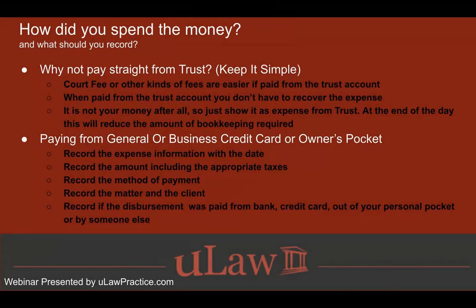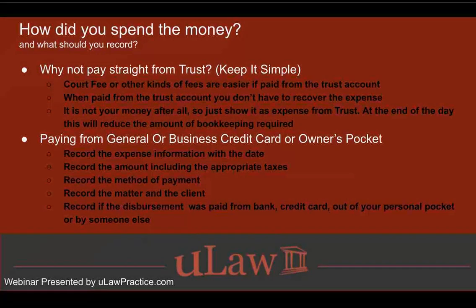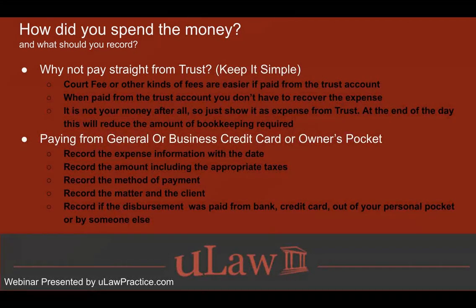Reporting an expense means you are reporting it into your books of accounts, into the software that you're using, saying that you spent this $200 of court filing fee from your general account, or credit card, or cash, or your own pocket, whatever the method of payment is.